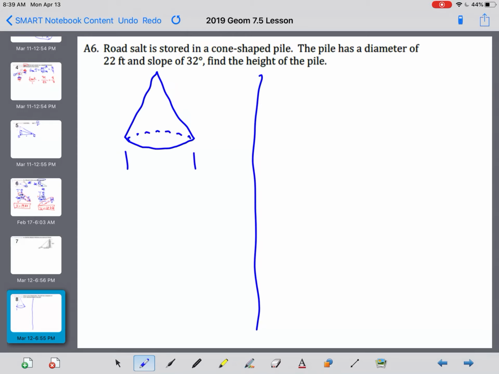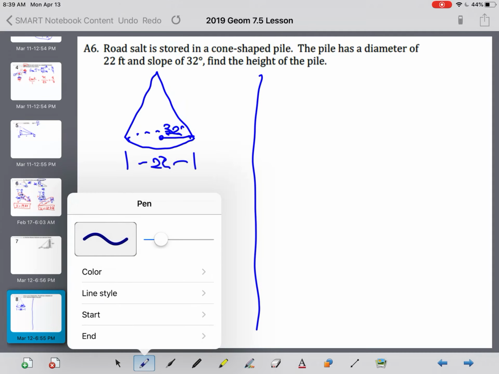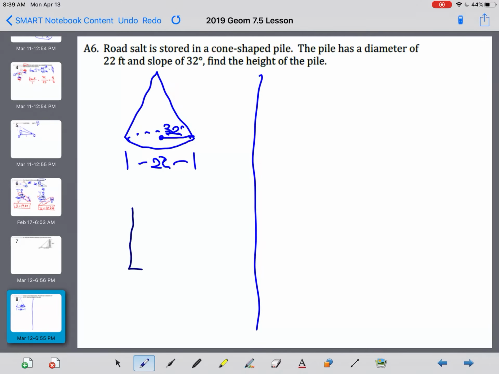Let's label that this is 22 feet and that this angle here is 32 degrees.